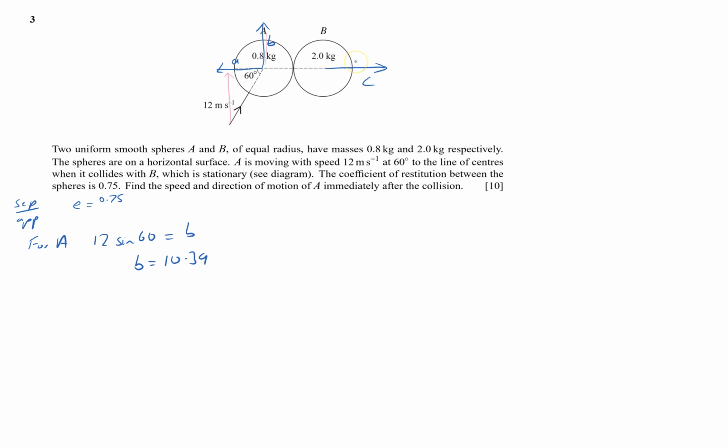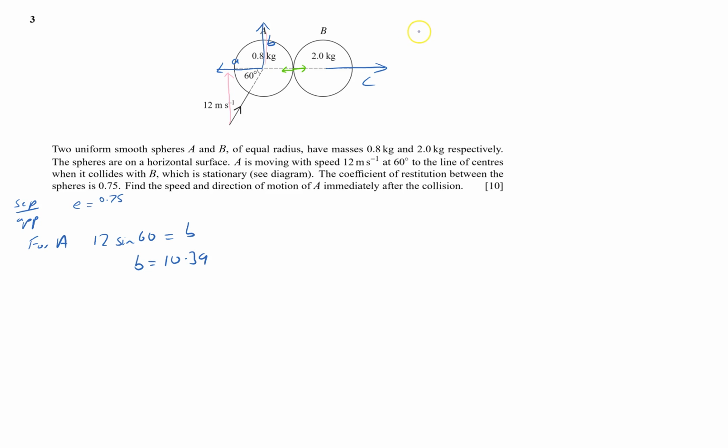Now I'm going to go horizontally. There'll be an impulse going that way and an impulse going that way, and the equal and opposite impulse means that although the momentum of this one may change and the momentum of this one may change, because they cancel each other out, we have conservation of momentum.